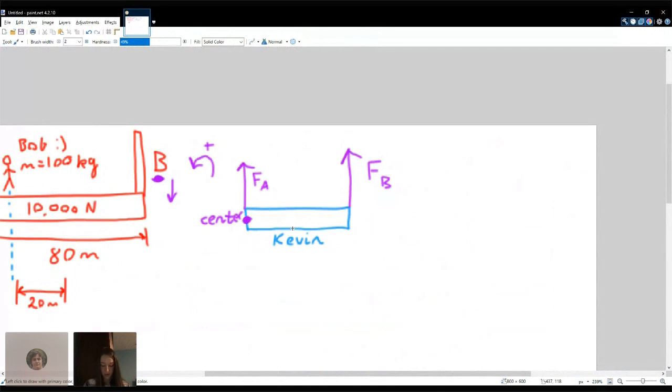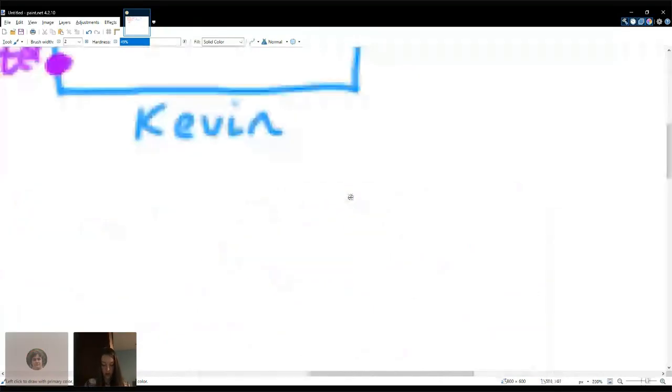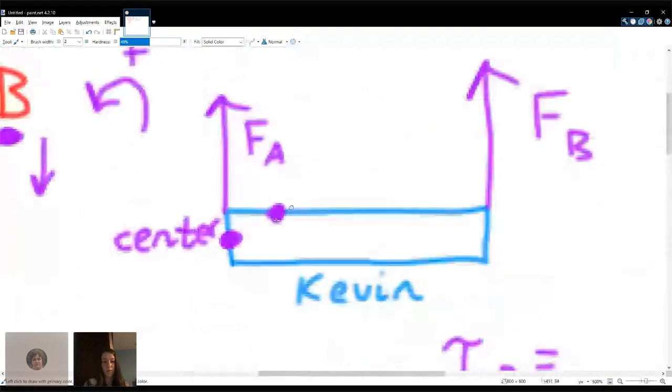Okay, so now that we have all of this, we know that the torque that pillar B is exerting in the positive direction is equal to the torque of, well, also we have to include Bob's torque. I almost forgot about Bob. Sorry. Bob is also pushing down with a negative torque in our scenario.